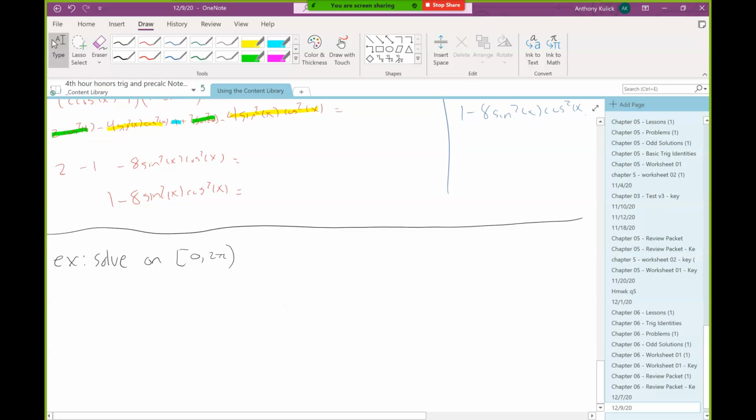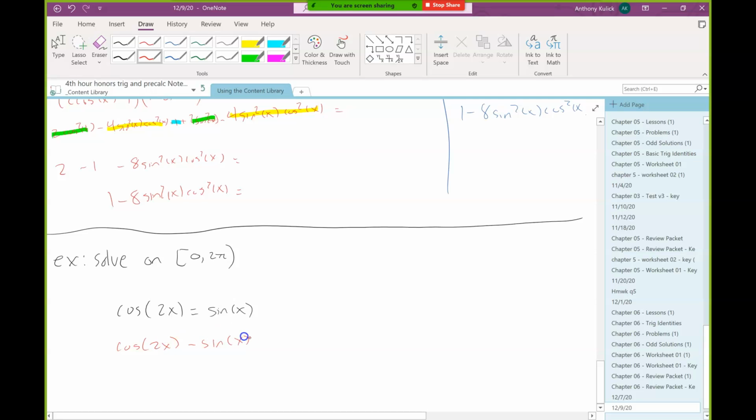Okay. So we're going to solve on the interval from 0 to 2 pi. So we know that to solve these things, first step is usually to get the thing equal to 0.